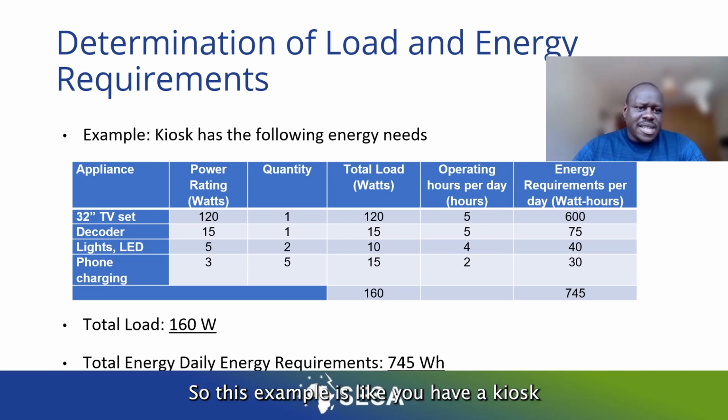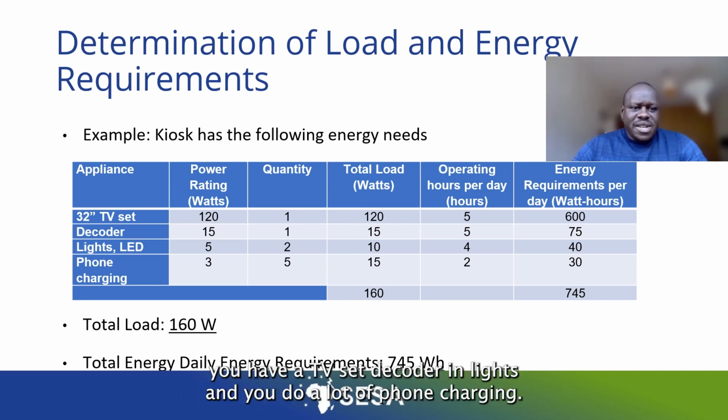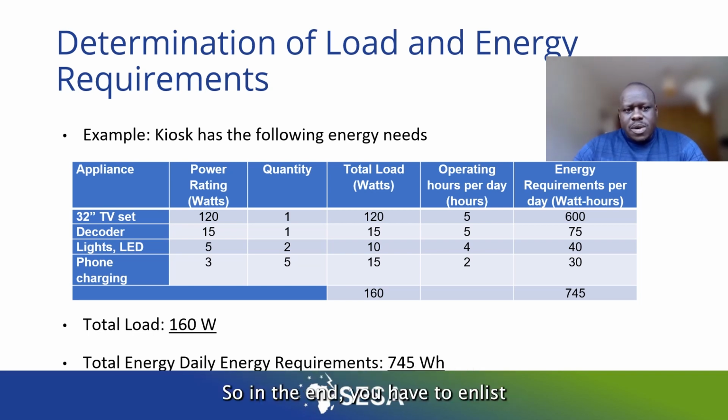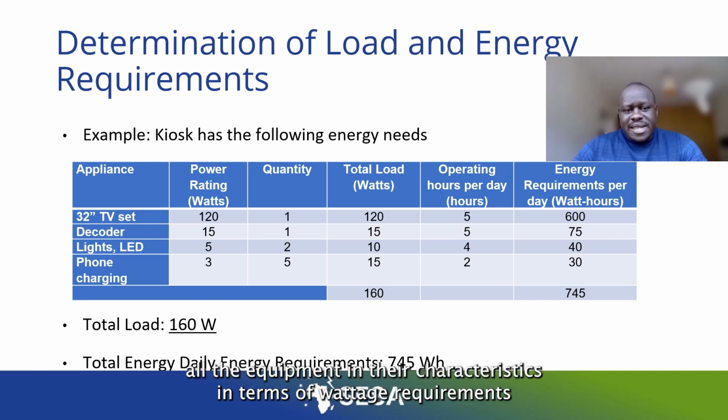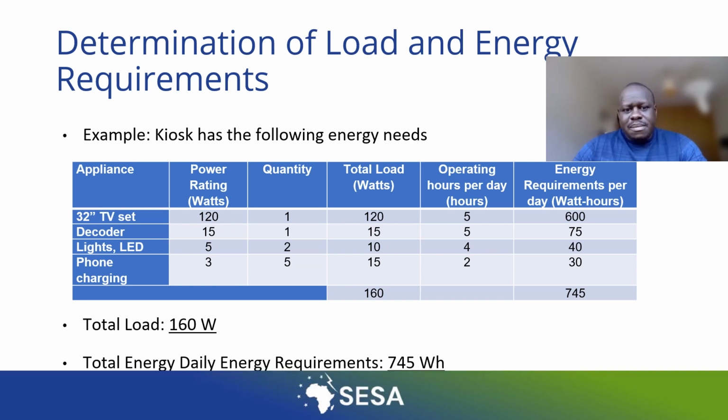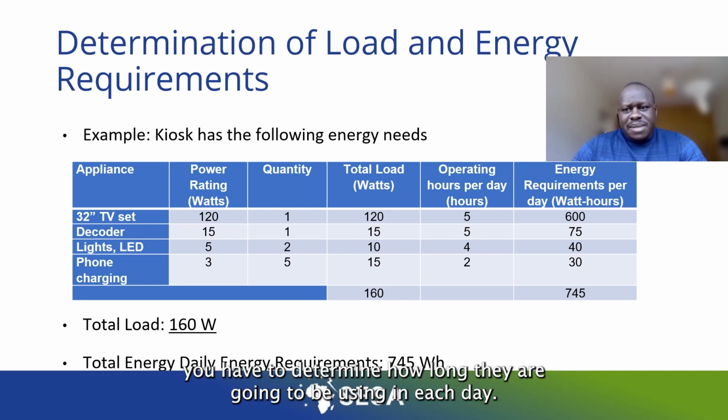This example is a kiosk which has these kinds of needs: a TV set, decoder, lights, and a little bit of phone charging. In the end, you have to list all the equipment and their characteristics in terms of wattage and quantities, and also determine how long you are going to use each one in a day.